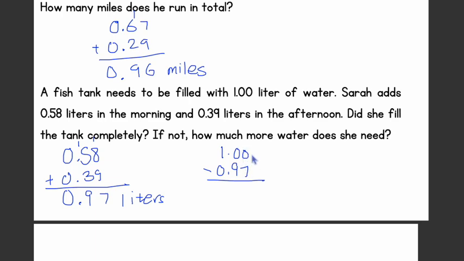So to subtract 7 from 0, we have to take a 1 from the tens place. And so the tens place becomes a 9, and the ones place becomes a 10. 10 minus 7 is 3, and 9 minus 9 is 0. Put down the decimal point. 0 minus 0 is 0. So we know that Sarah needs 0.03 liters more of water.